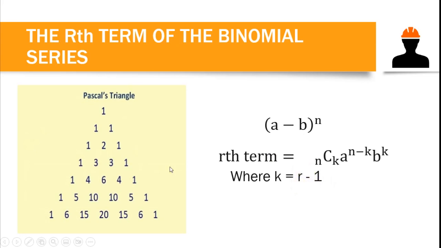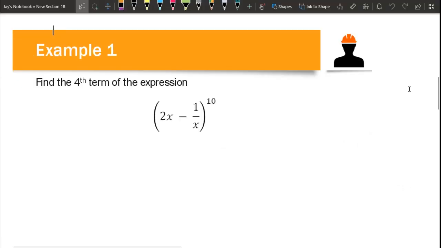Now let's try to solve an example using this equation. We have this first example here. We are asked to find the fourth term of the expression 2x minus 1 over x raised to the 10th power. Again, we are asked to determine the fourth term. That means our r here is equal to 4.